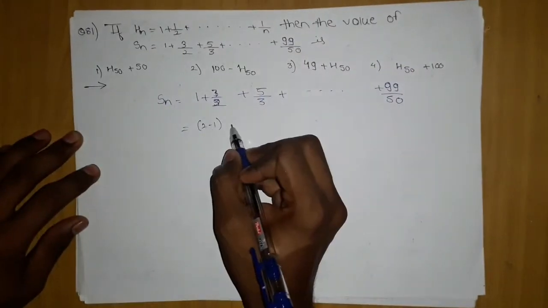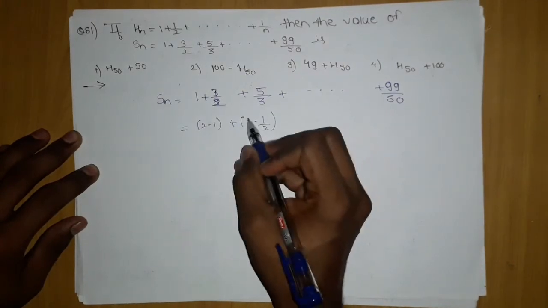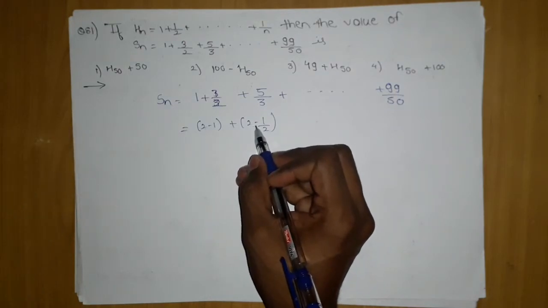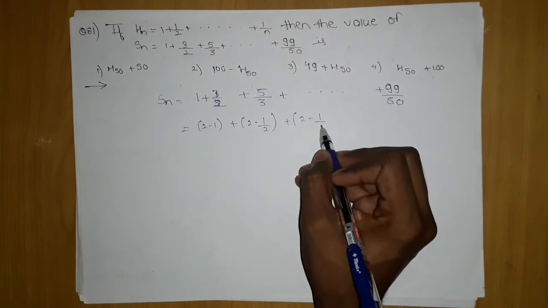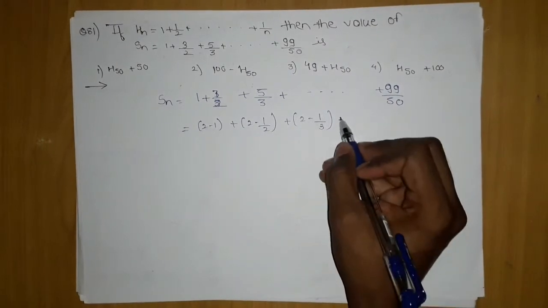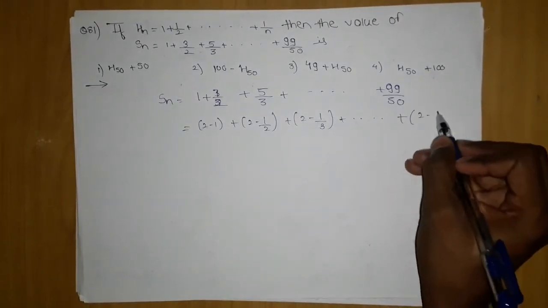I can write it as 2 minus 1. This I can write as 2 minus 1 by 2. When I multiply it, I will get 2 times 2 is 4, 4 minus 1, 3, 3 by 2 again. Here also 2 minus 1 by 3, multiply, get 6, 6 minus 1, 5 by 3. And so on. For the last term I have to do this, 2 minus 1 by 50.